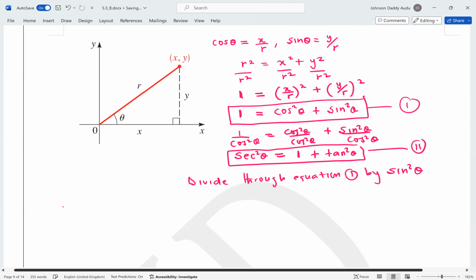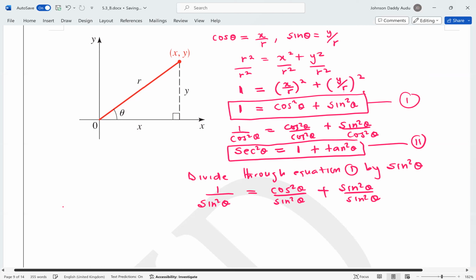To achieve that, you will have 1 over sine squared theta equals cosine squared theta over sine squared theta plus sine squared theta over sine squared theta.